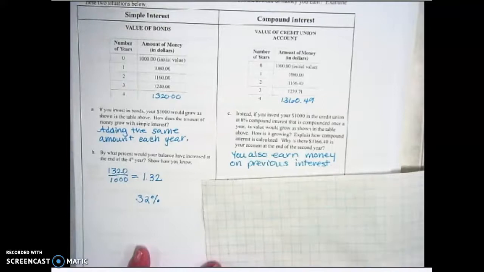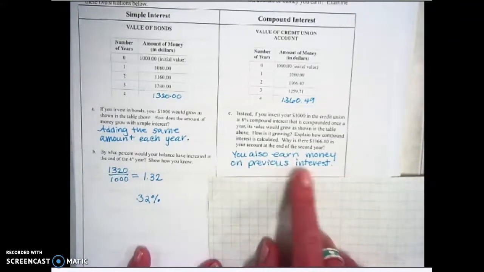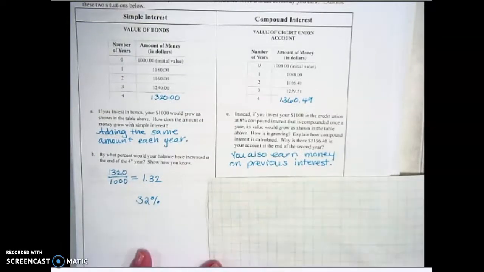The reason is because you're also earning money on your previous interest. Okay? So every year when you get interest, the next time it calculates it on even the interest instead of just the original investment amount, or the initial value. It's going to keep adding your money faster, right?